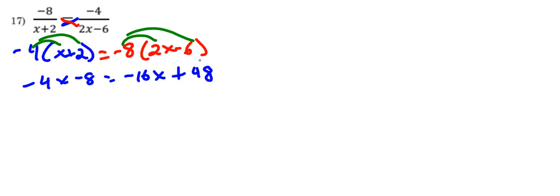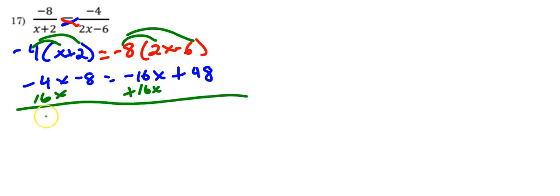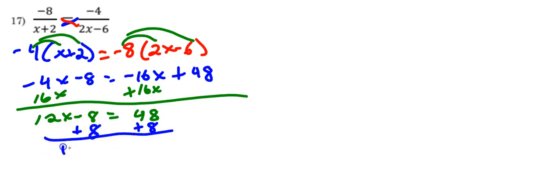We're going to move our x's to one side and our numbers to the other. In this case, I like the idea of adding 16x to both sides. That gets us to a positive number. So we get 12x minus 8 equal to 48. And then we can move that 8 over, because we're still trying to get that x alone. And we have 12x equals 56.